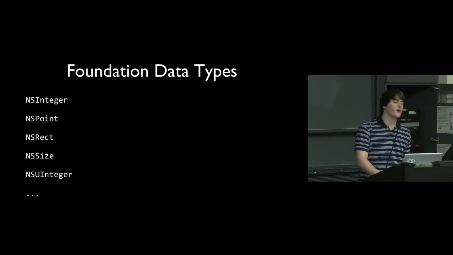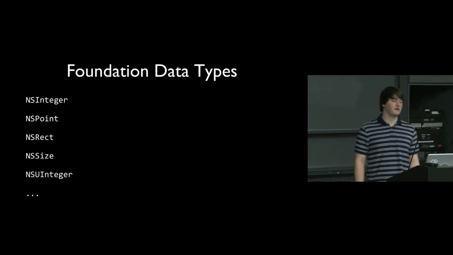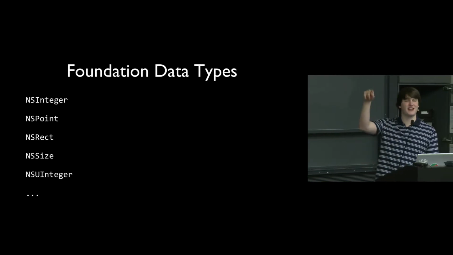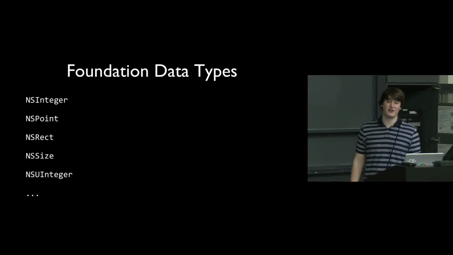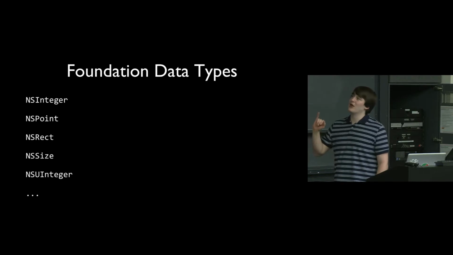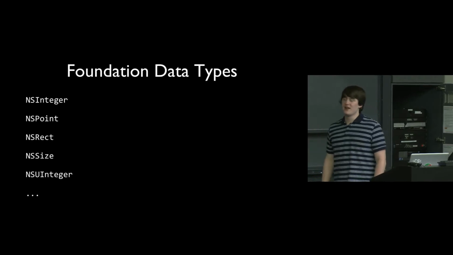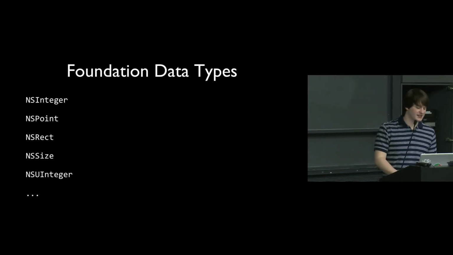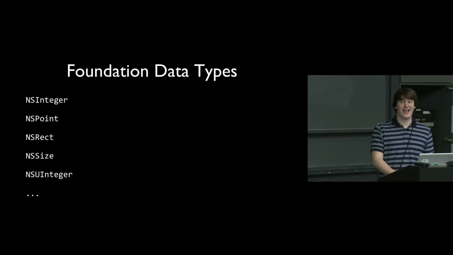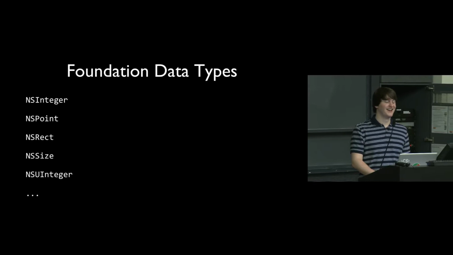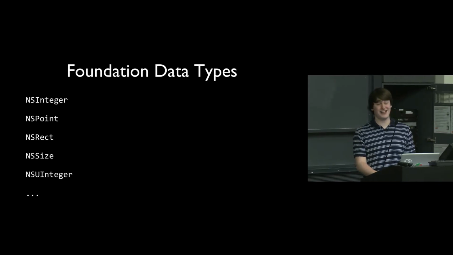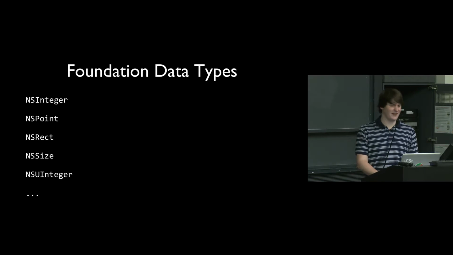Okay, so here are some data types that we also get when we #import Foundation/Foundation.h, which pretty much everything you're going to be doing will do. We get some of these data types, NSInteger, NSPoint, NSRect. These are not objects, and this can be somewhat confusing because it can be somewhat difficult to differentiate between objects and just these typedef things.